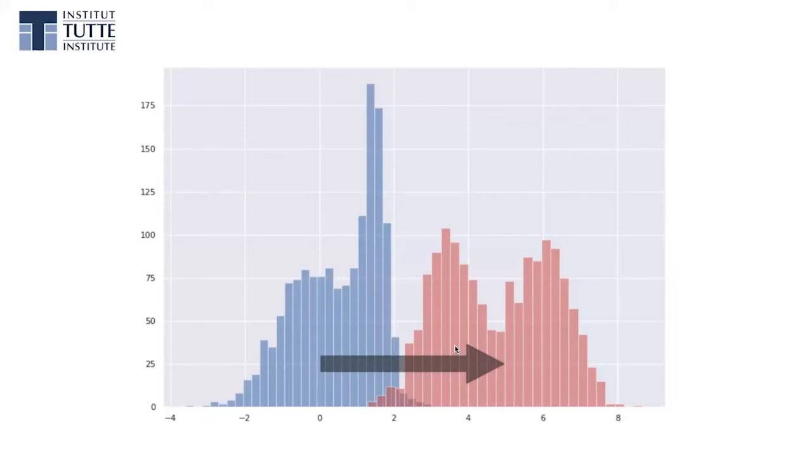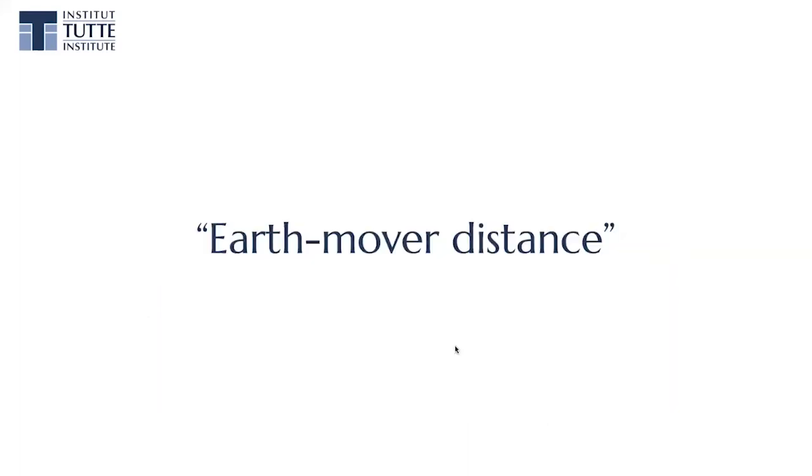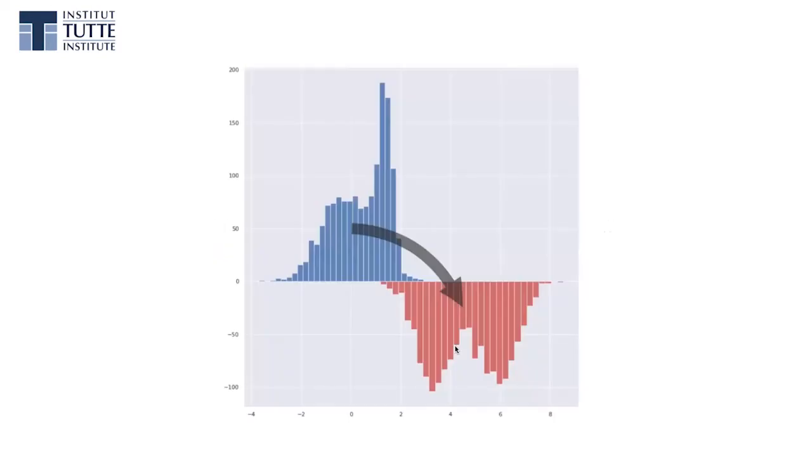So how far do we have to move things to get the blue distribution to look like the red distribution? This is actually, if you come from a computer science background instead of a statistics background, called Earth mover distance. And the way to see that is to take that red distribution and flip it upside down. So the way I want you to think about this is that the blue distribution is a big pile of dirt, and the red distribution is a big hole in the ground.